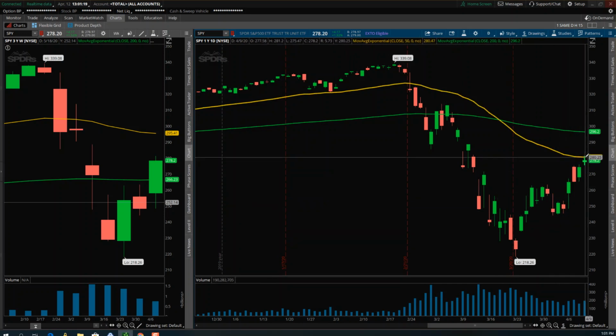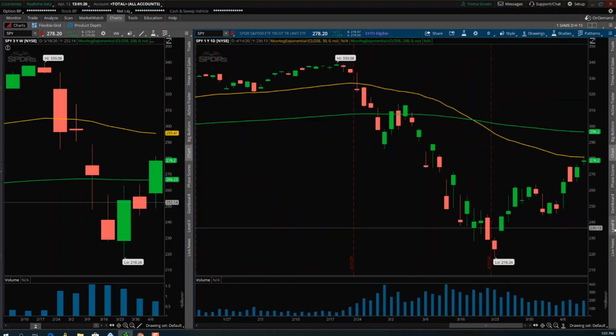However, now we are right touching the 50-day EMA right there. On top of that is the 200, which is around 297 right now. So this was the resistance.